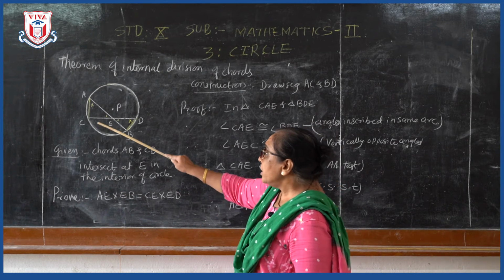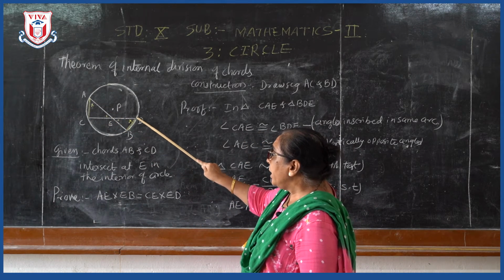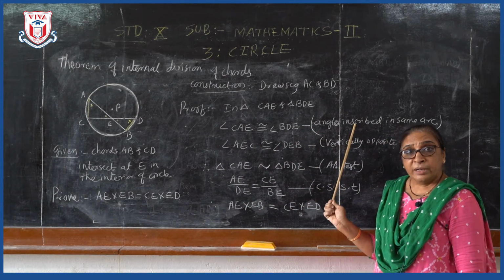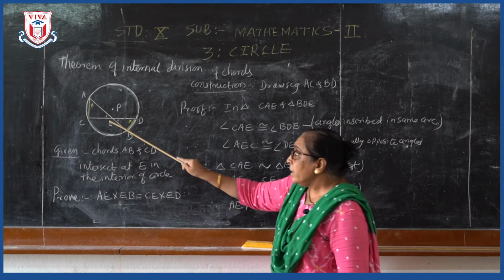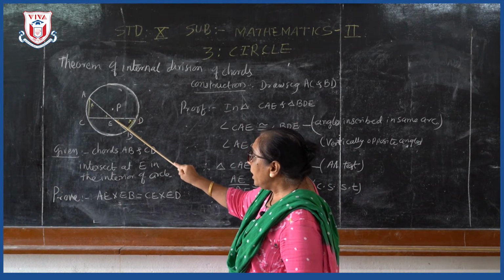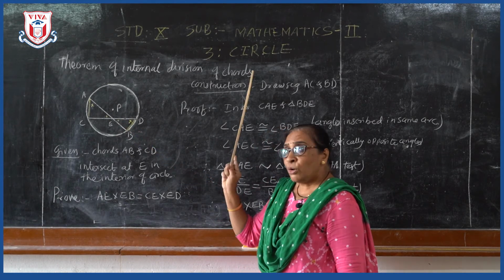So we can write angle CAE is congruent to angle BDE, angles inscribed in the same arc. Then one pair, angle AEC and angle DEB, is a vertically opposite pair, so they are also congruent.